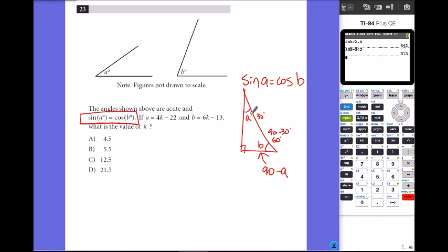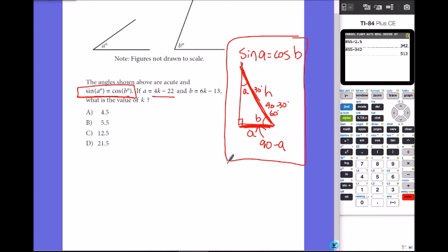If sine of A is opposite over hypotenuse, this over that, and cosine of B now changes this to adjacent over hypotenuse. So you see how it is still the short leg over the hypotenuse for both of them, so they are equal. It's very helpful to just know this fact, the cofunction identity.